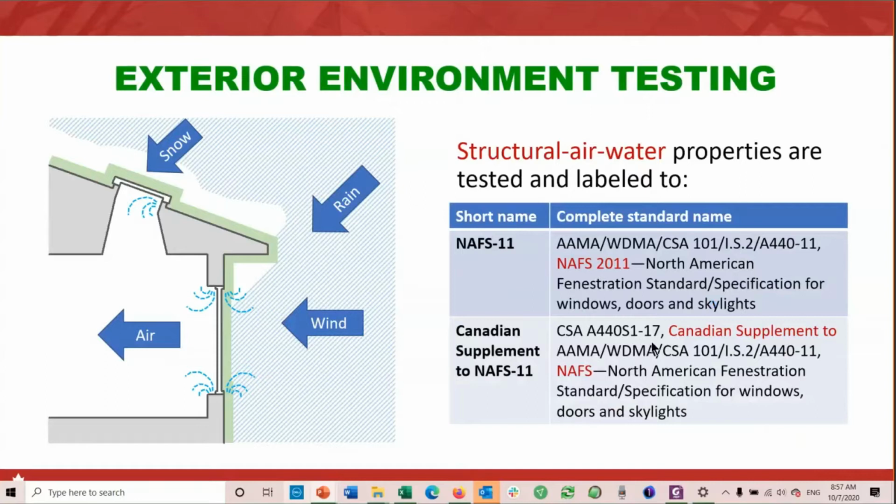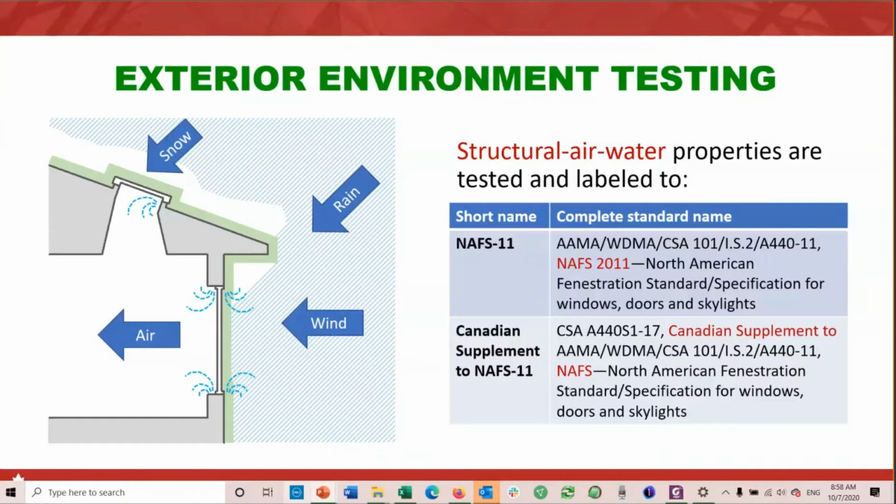We needed the Canadian supplement because whereas the NAFS standard contains requirements that apply to all of North America and all of the different things that can be tested, the Canadian supplement tells us which properties we want to label, and it has some additional testing requirements. It also provides us with the methodology for determining what level of performance I need at a building in any particular location in Canada, anywhere in BC.